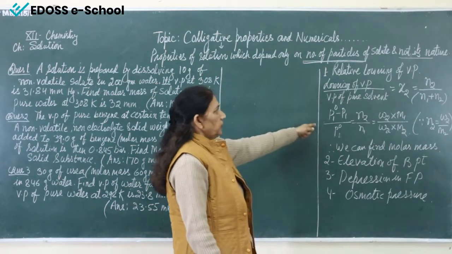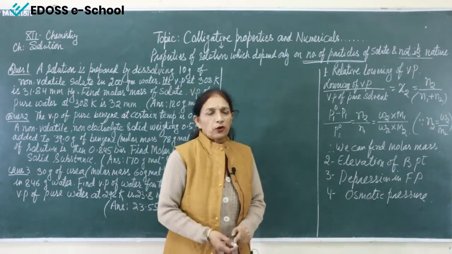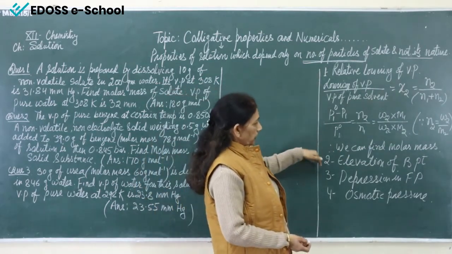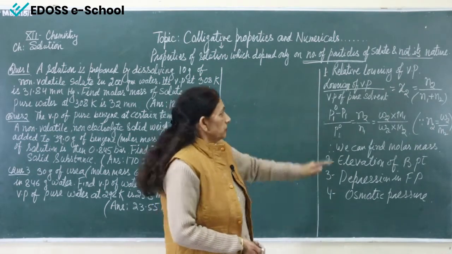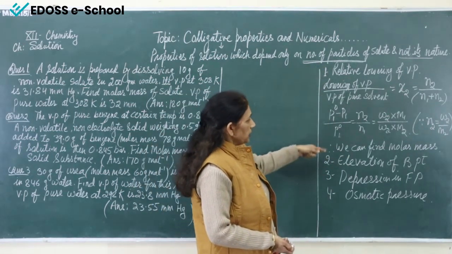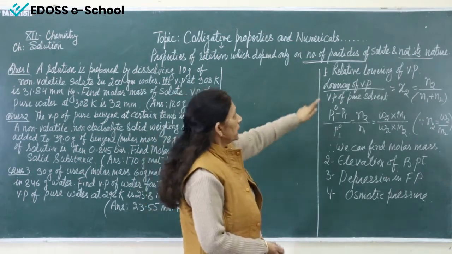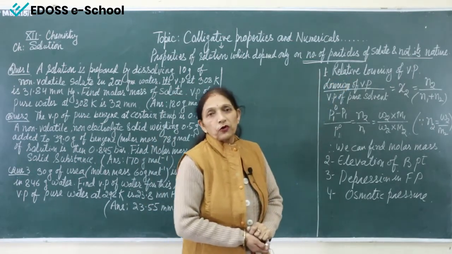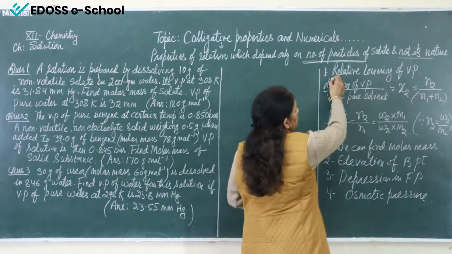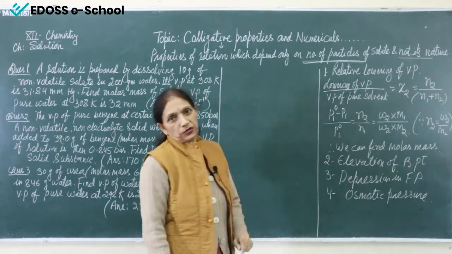So these are four types of colligative properties. Now one by one we will see all the numericals related to these properties. So we come to the first type, relative lowering of vapor pressure.